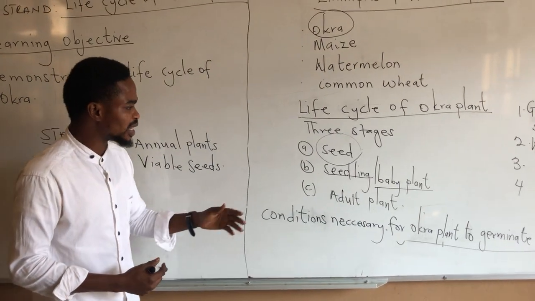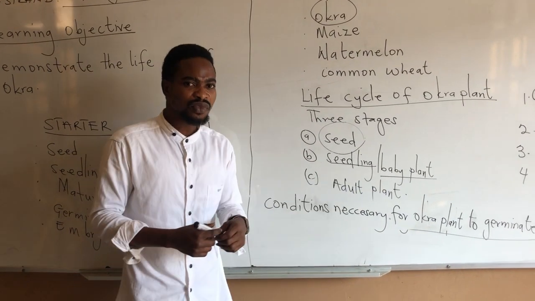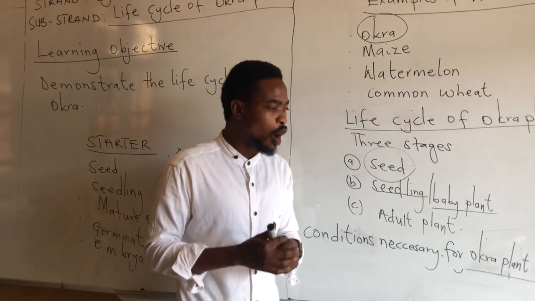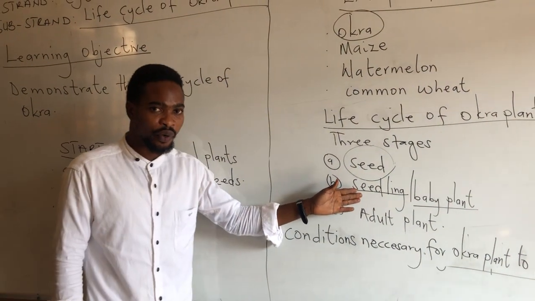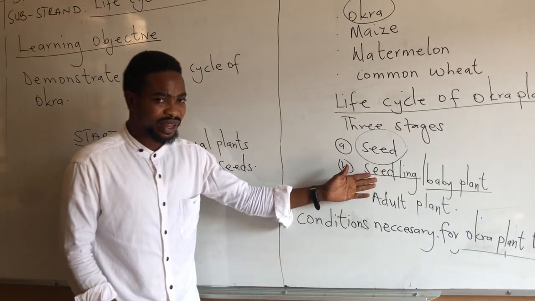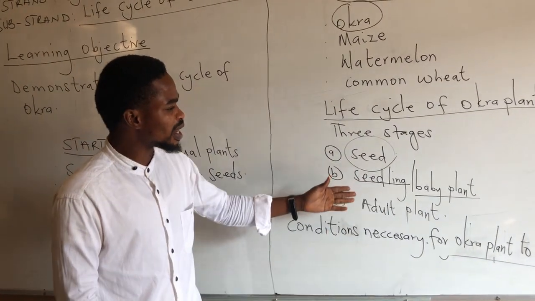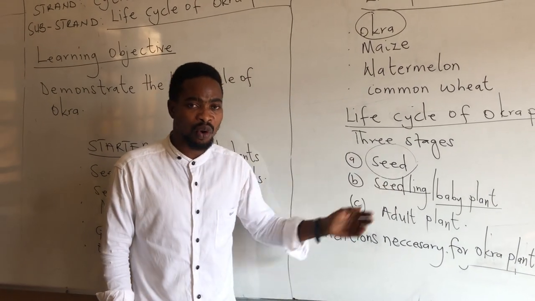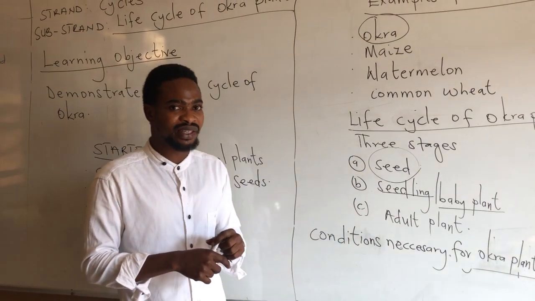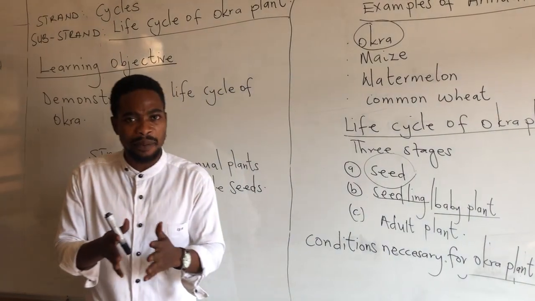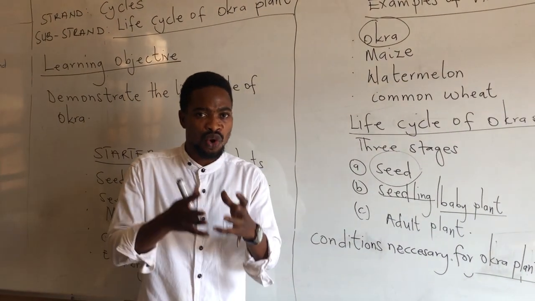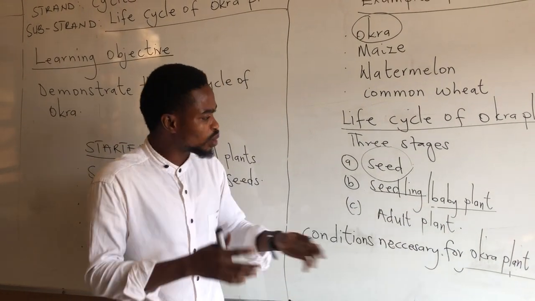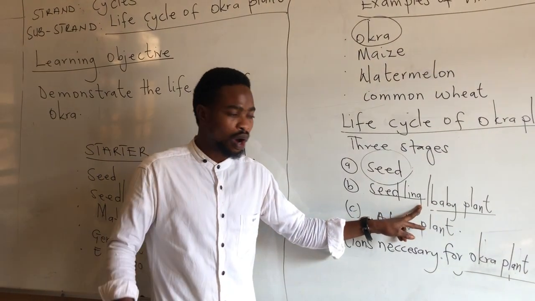And these baby plants also need water, warmth, and air to grow well in the field. We also see sometimes tomatoes, which are planted on a seed bed. And they finally transfer the tomato seedlings, or the baby plants, into the particular field for them to grow well.